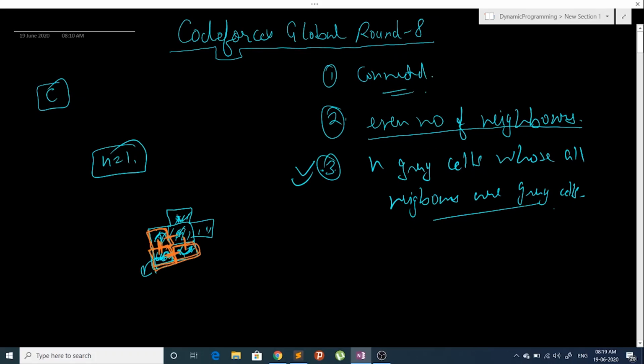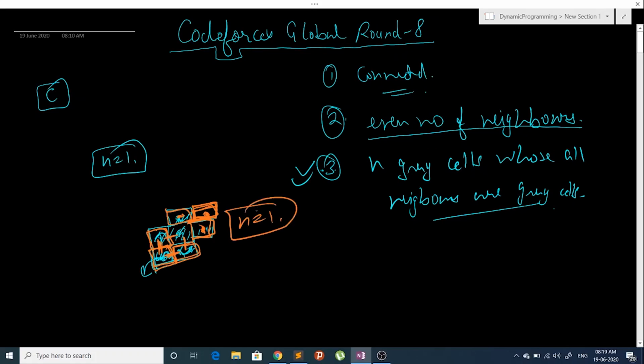Now what about these two cells, this and this cell? So what if I draw a cell here? Similarly, these all three cells will have two neighbors. So this can be the solution for n equals 1.